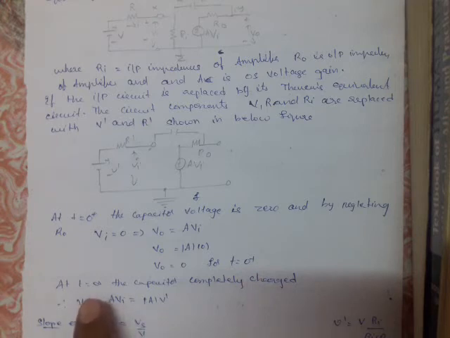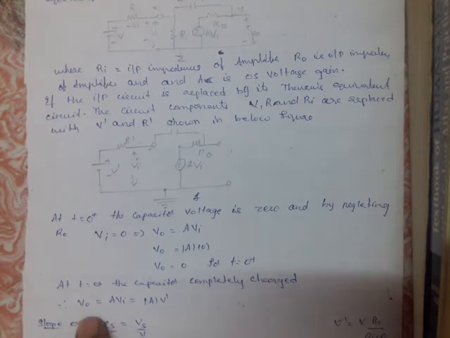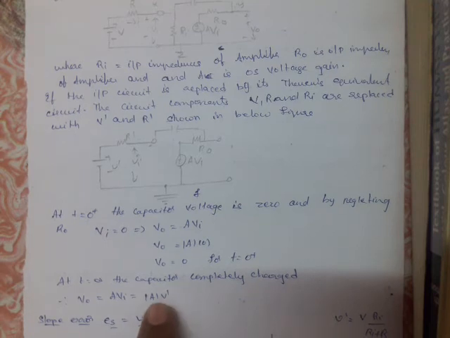But if you are considering t is equal to infinity, then the capacitor is completely charged, then V naught is equal to modulus of V in, meaning no input voltage is lost here, we are getting the maximum input voltage, so we consider V naught is equal to maximum gain into V in.